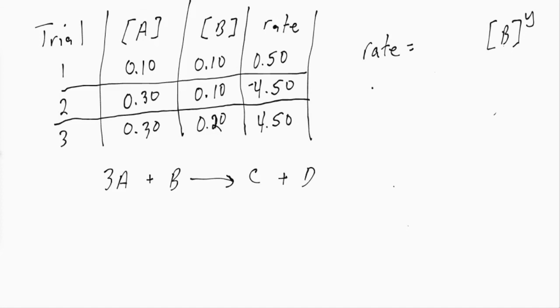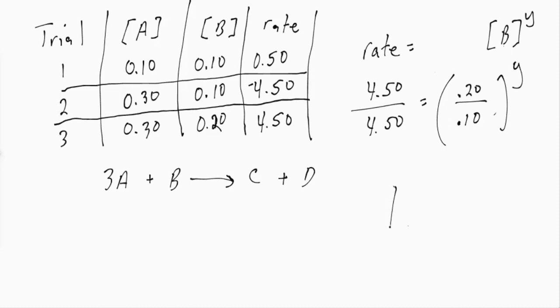And we'll say, well, the rate in trial 3 over the rate in trial 2, and then the concentration of B in trial 3, which was 0.20, over the concentration of B in trial 2, which was 0.10, raised to some power, Y. We get 1 for this, and we get 2 for this. So can we see that the only thing that works out for Y is Y must equal 0?